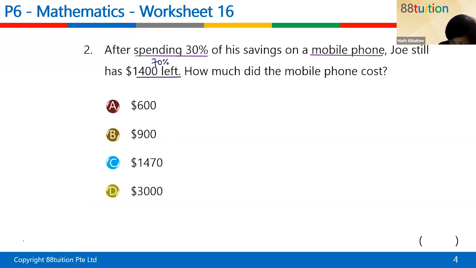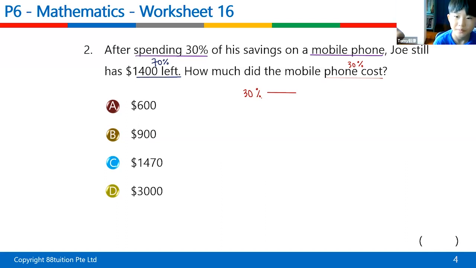So he's asking you for how many percent? 30%. So we can do them by column, or you want to call them the ratio, unitary, something like that. Okay, so you want to say that 30% is actually giving you how much? Question mark. Good. But then you are given the 70%. Then we do 70%, $1,400.